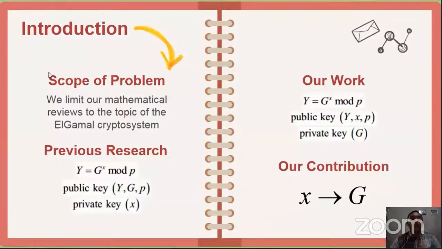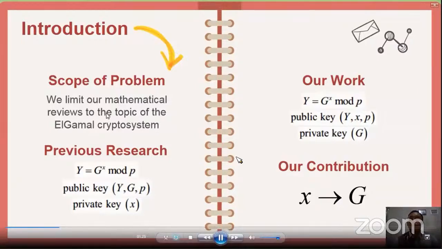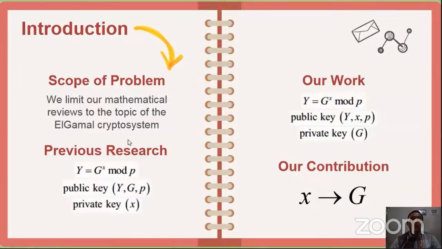Scope of the problem: we limit our mathematical review to the topic of the ElGamal crypto system. In the previous research, we have the ElGamal formula with public key and private key, with Y and G as matrices.